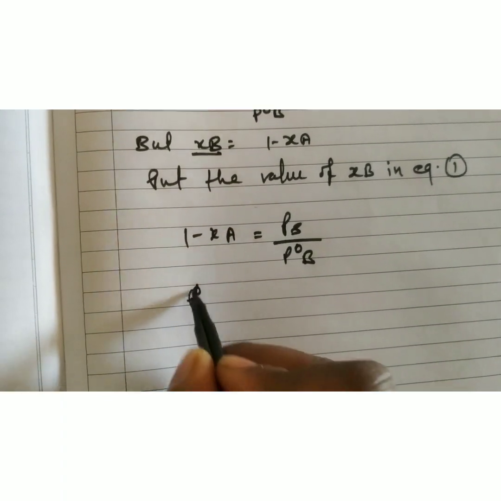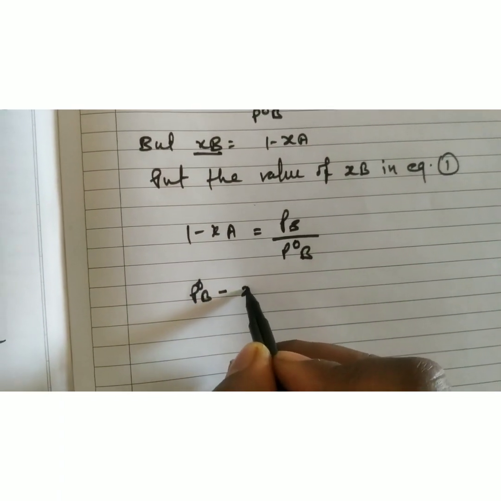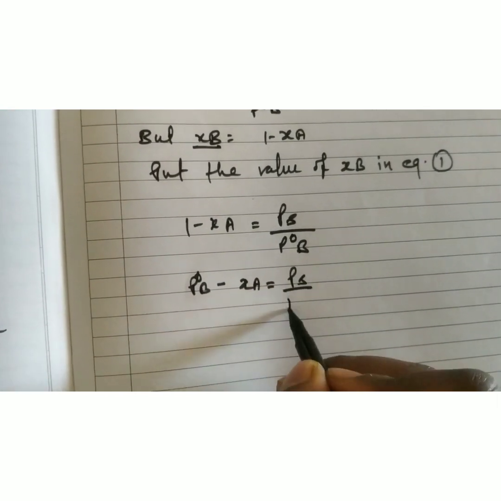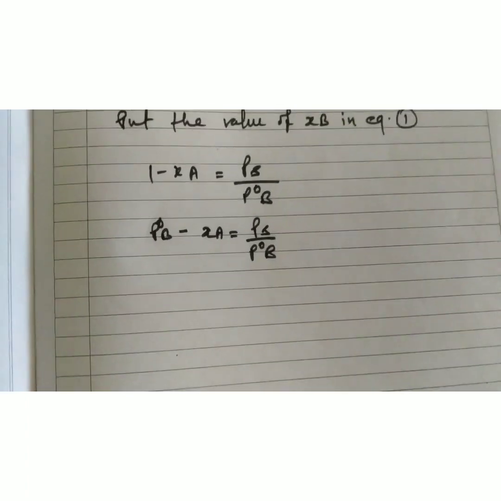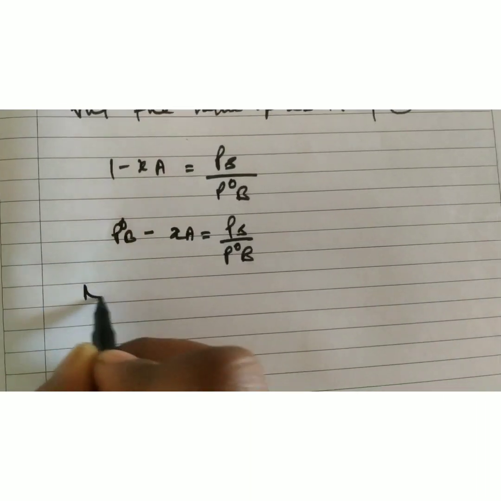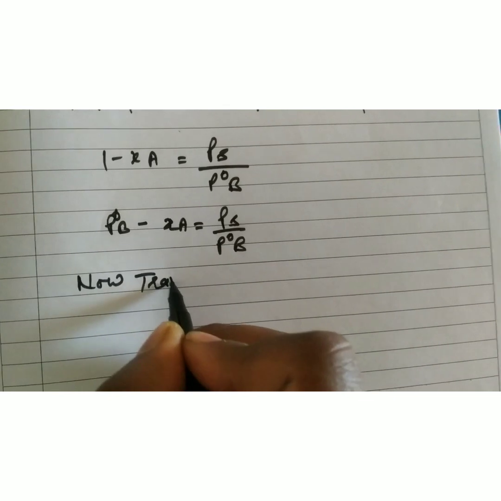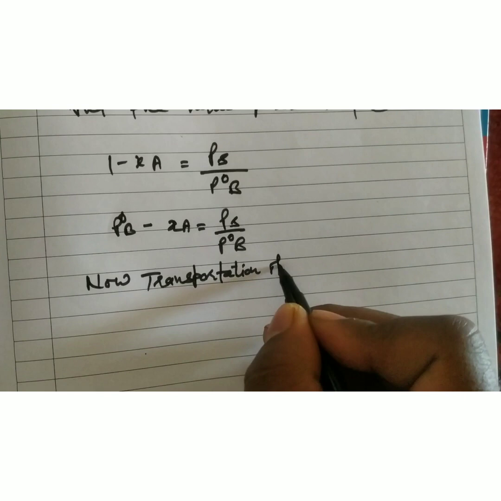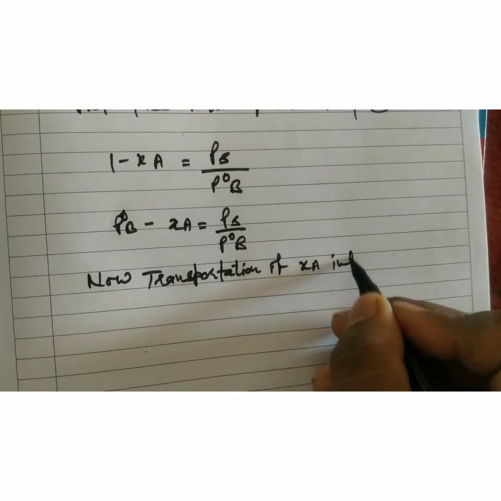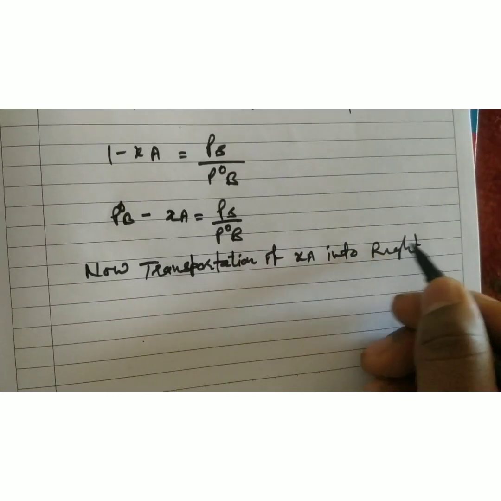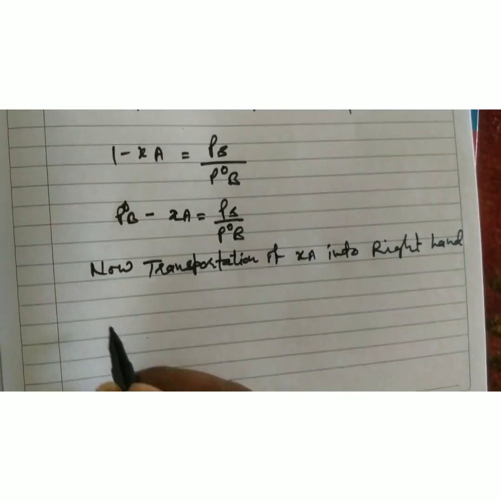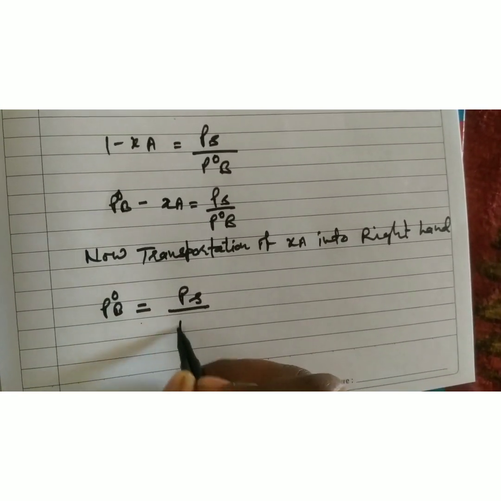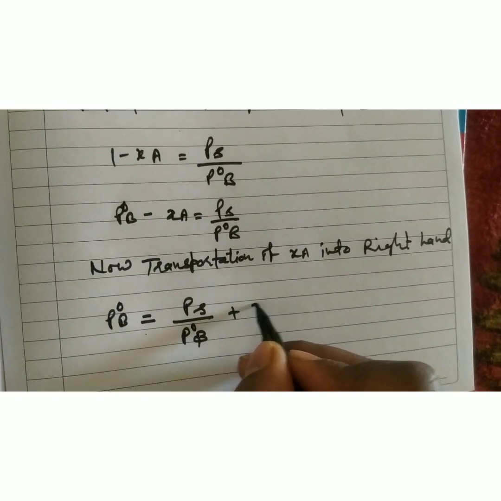So now transposing XA to the right hand side, we get 1 equals PS divided by P naught B plus XA.